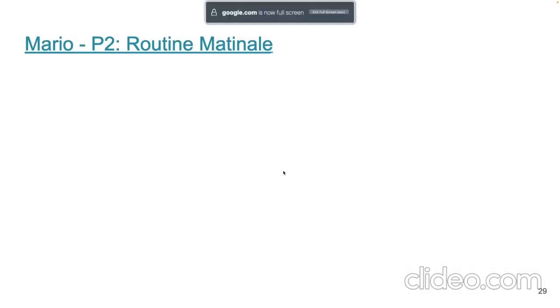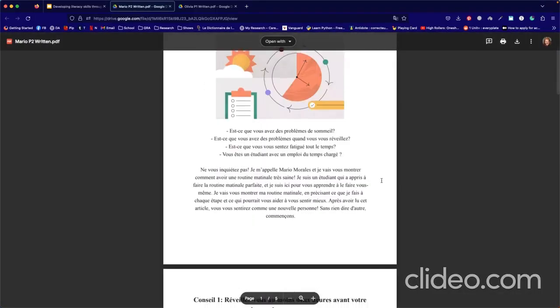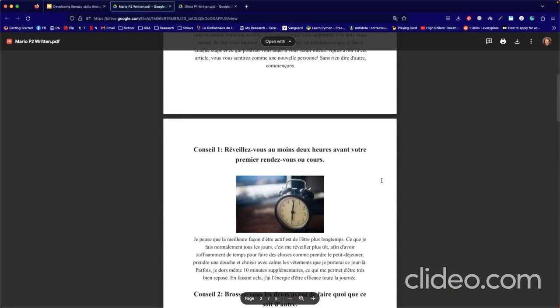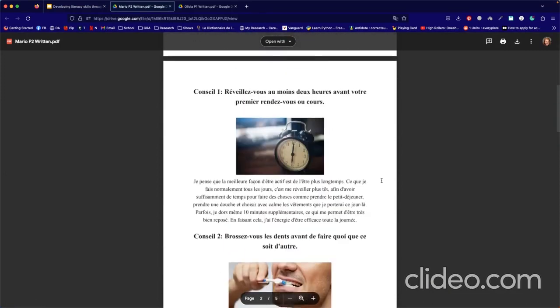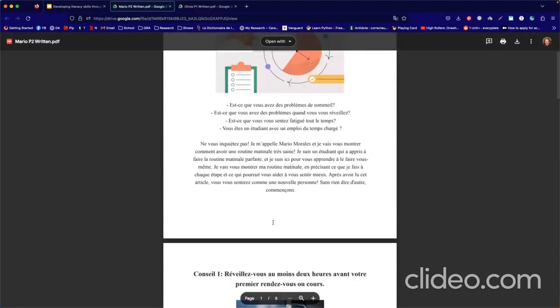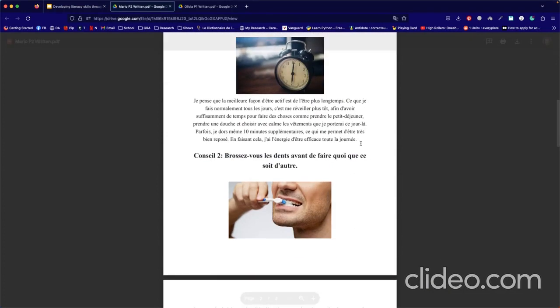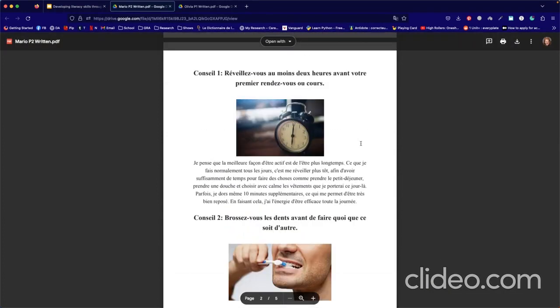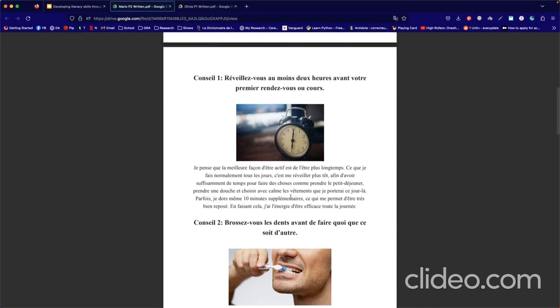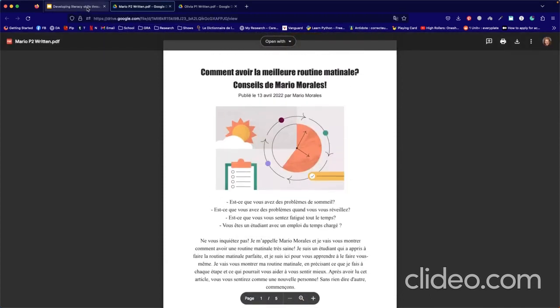But when I went to analyze Mario's morning routine, again, it looks very much the same. This is almost exactly what you would expect to see for a blog that's talking about morning routines. It's got the image, it's got the 1, 2, 3, etc. steps or suggestions on how to have a good day, and all that. So on the surface, there's nothing different here.